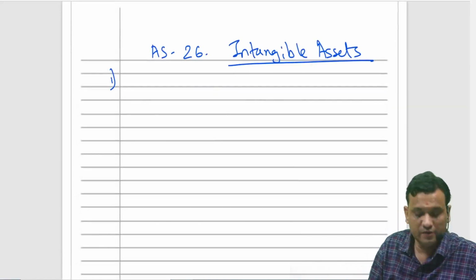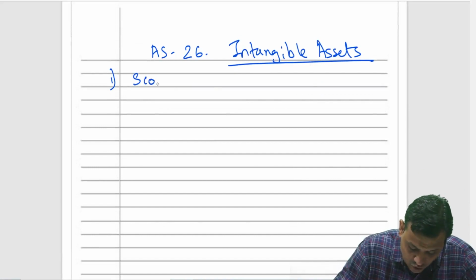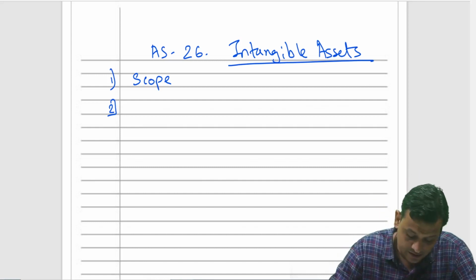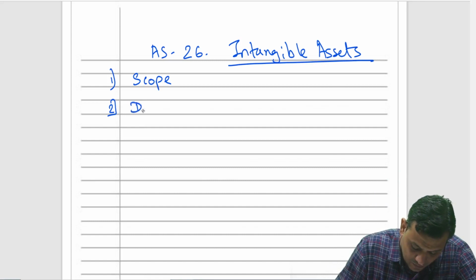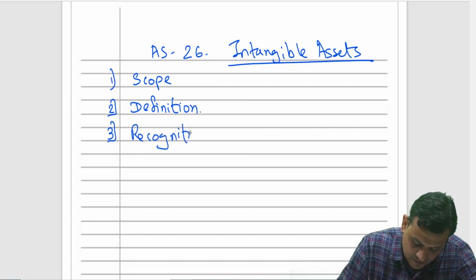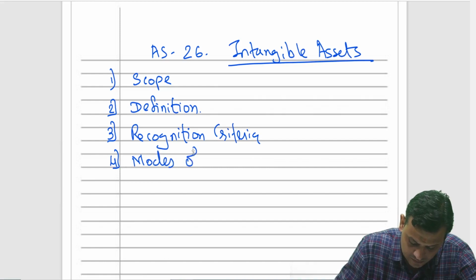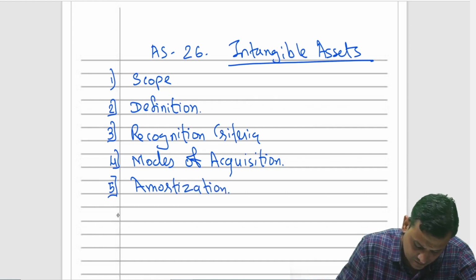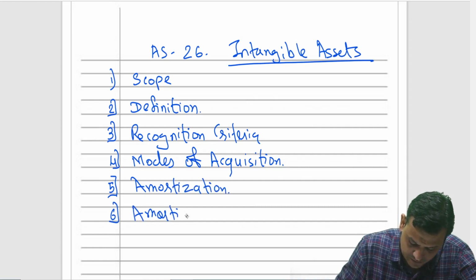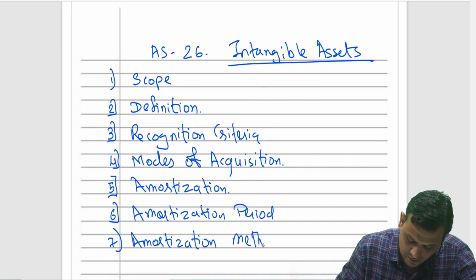The areas which are very, very important for revision purpose are scope of Ind AS, scope of AS 26, definition, recognition criteria, modes of acquisition, amortization, amortization period, amortization method.